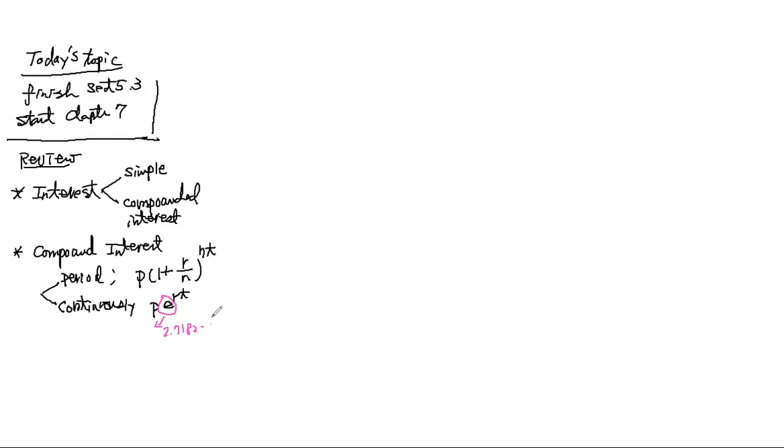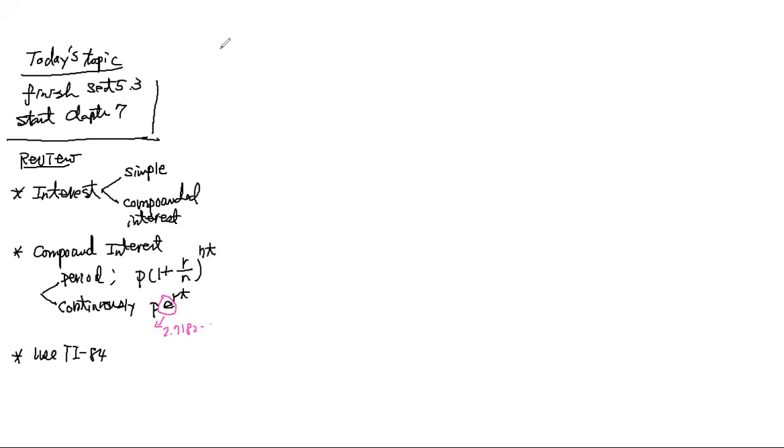You can find this number in your calculators. Then we also talked about how to use the TI-84 calculator to do those calculations, so we don't need to remember all the formulas here.